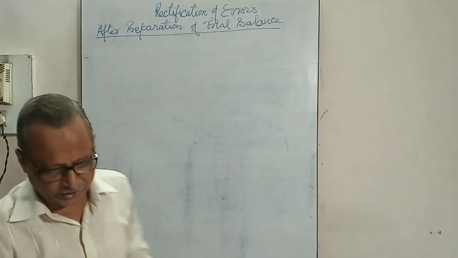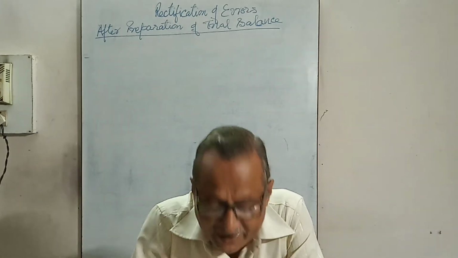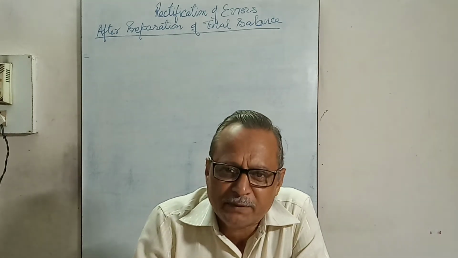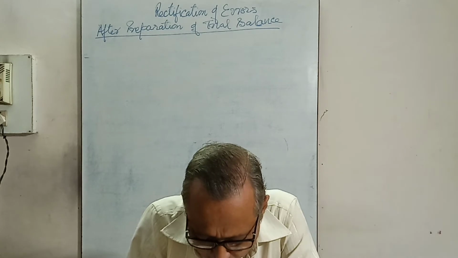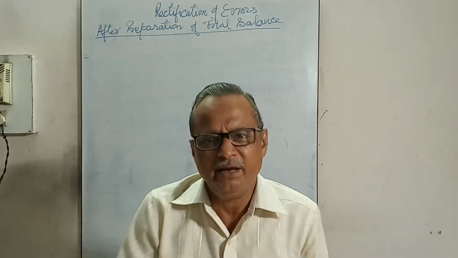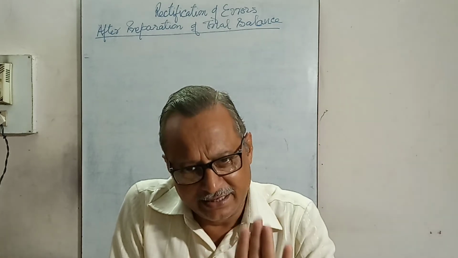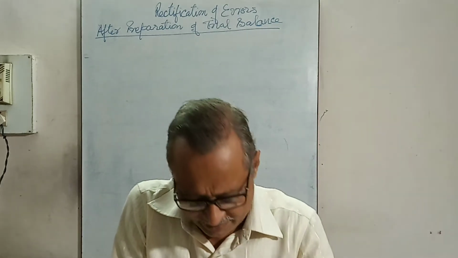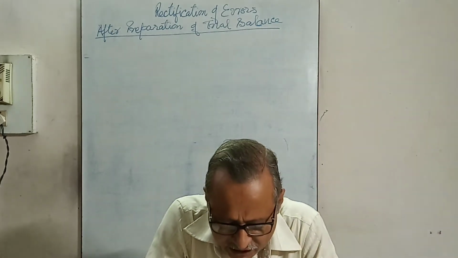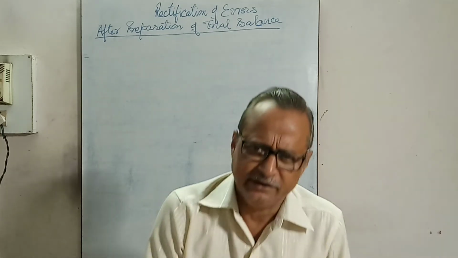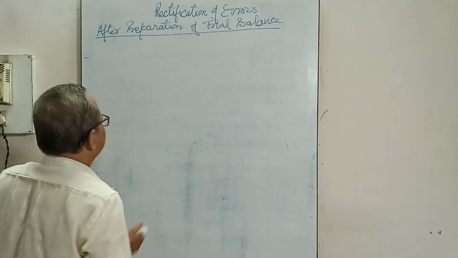See, question number 14 is given. Rectify the following errors, assuming A, that no suspense account has been opened with the difference in trial balance. It means it was detected and rectified before preparation of trial balance. And B, that such a suspense account has been opened.